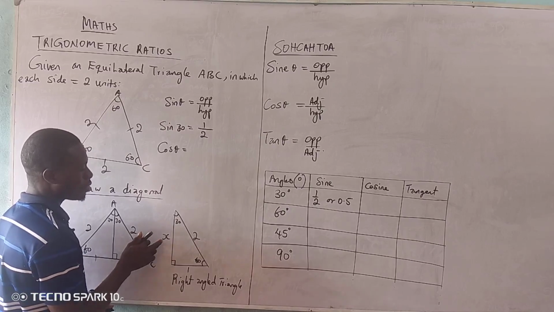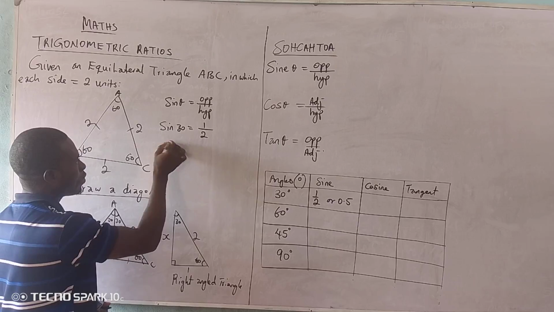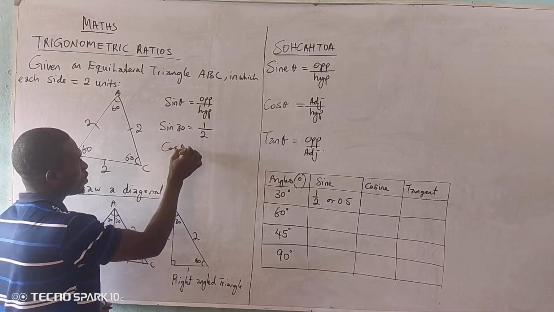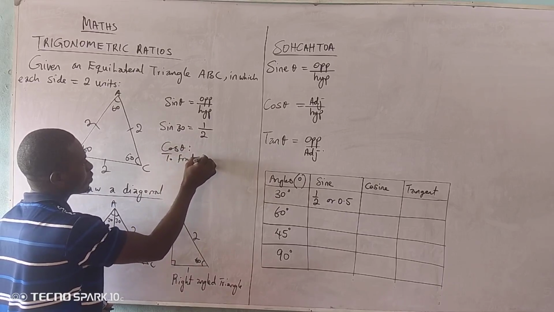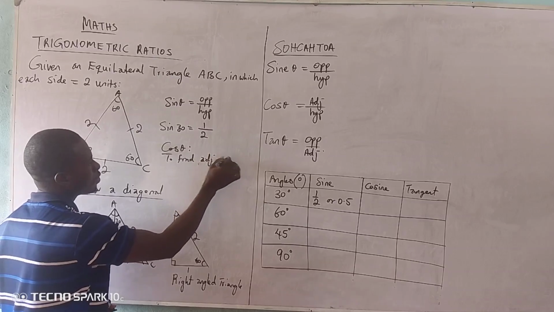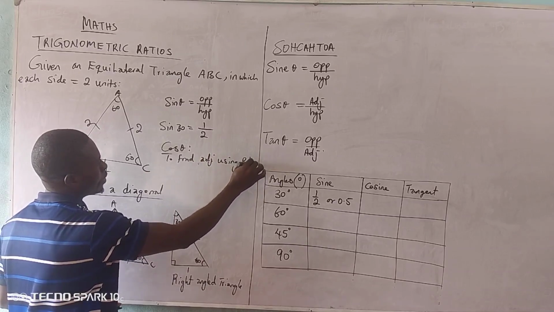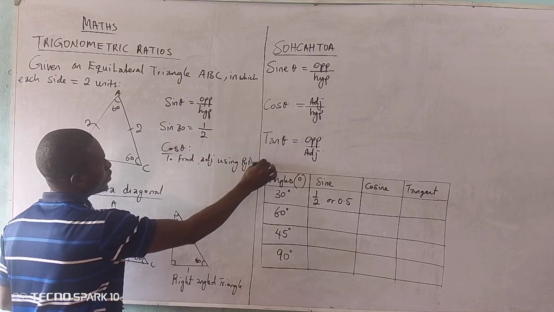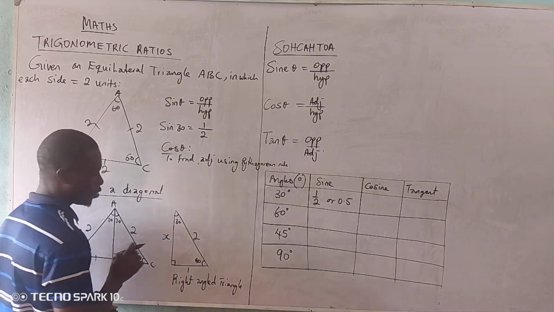So we have to find our adjacent using the Pythagorean rule. So I'm going to do that.